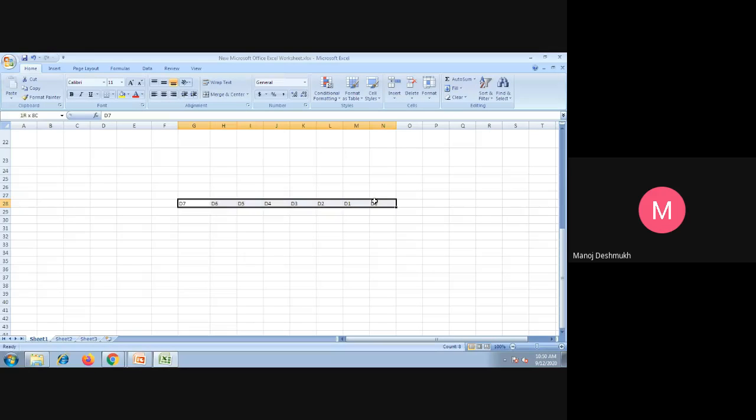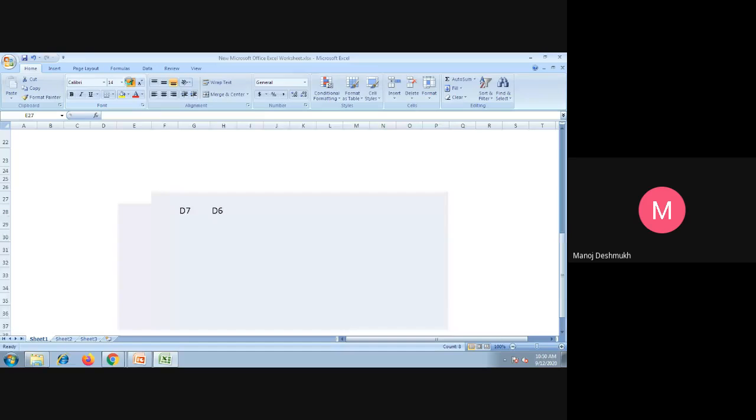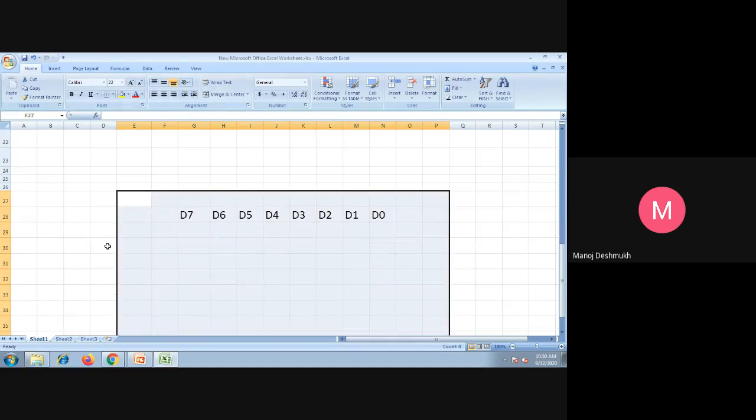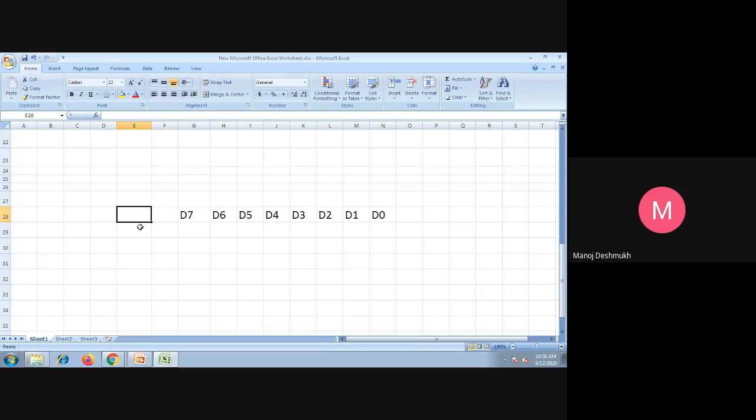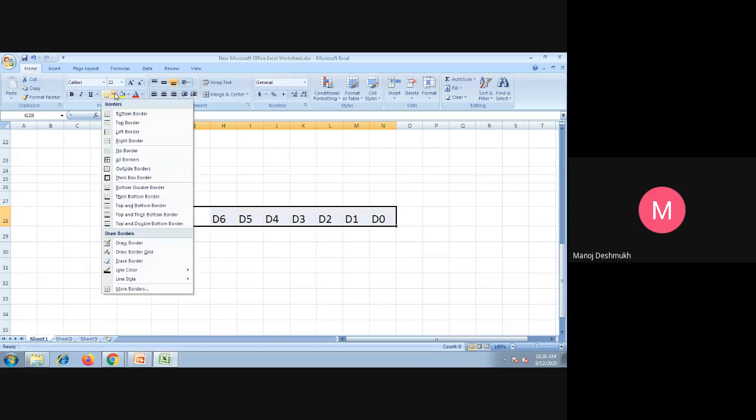So these are the bits. And here we mention the carry, only mentioning C. Okay, C is there.